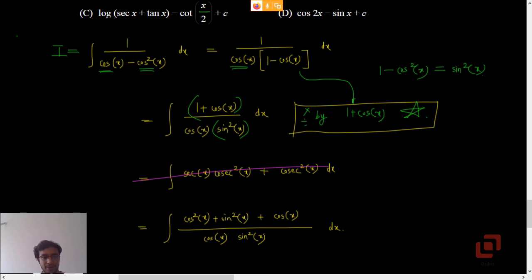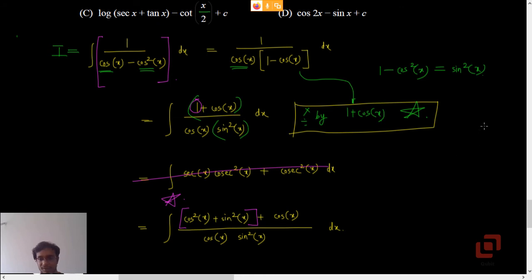Then you have to write 1 in the numerator as cos squared x plus sin squared x, another important adjustment. Okay, we are doing all these adjustments for the sole purpose of writing the given integrand in that form such that we can either use the formulas or the methods such as substitution.